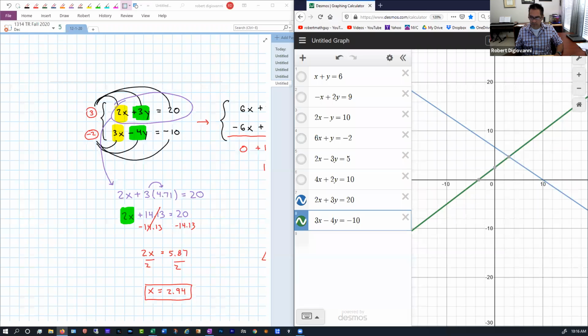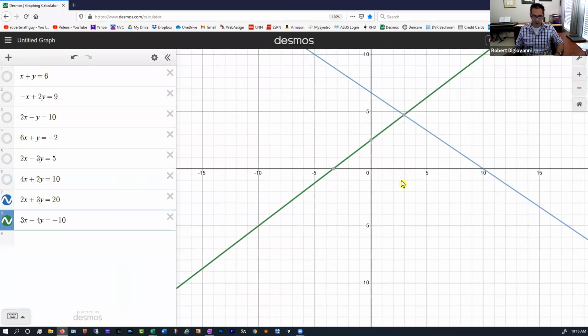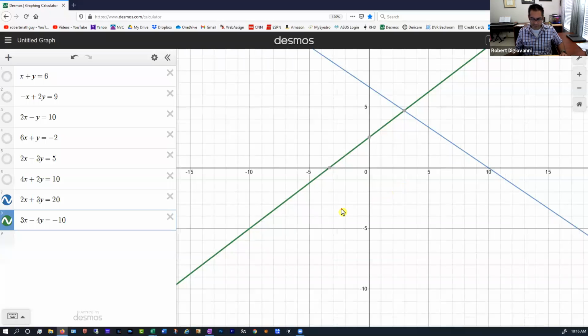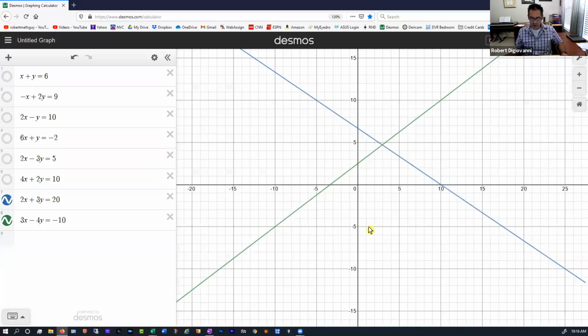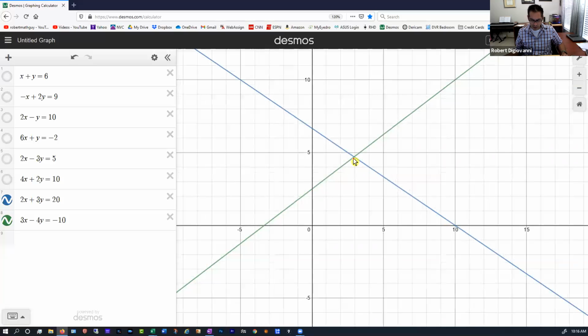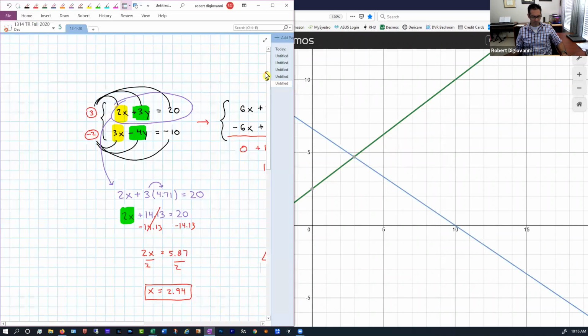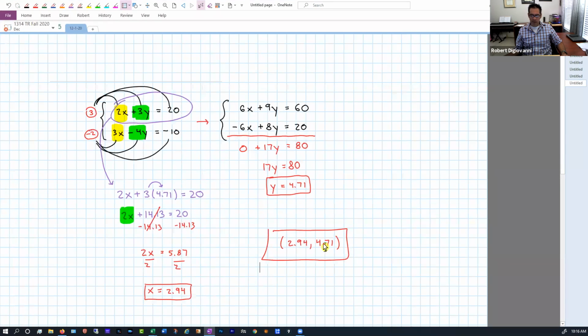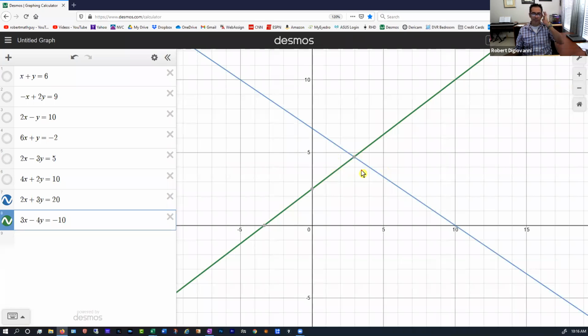Turn the other ones off. Okay, these are our two lines right here. And where did we say they hit each other? Right there at that point. Let's see, this should be able to find it. 2.941 and 4.706. Is that what we had? Yeah, pretty close. We have a little bit of a rounding issue, but we were able to do it.